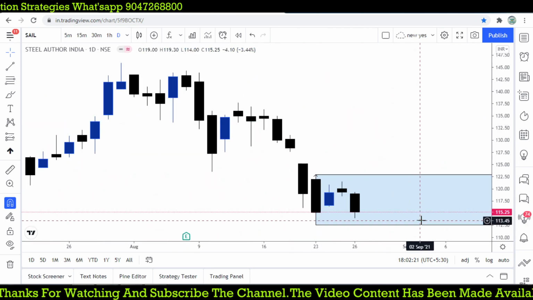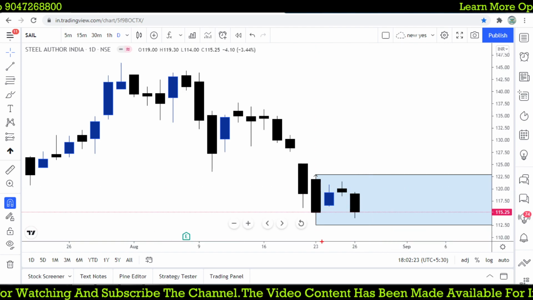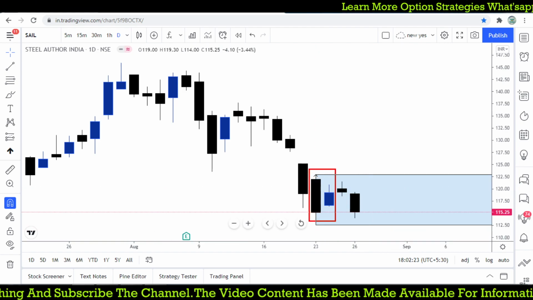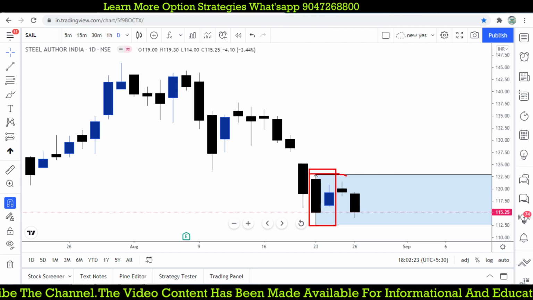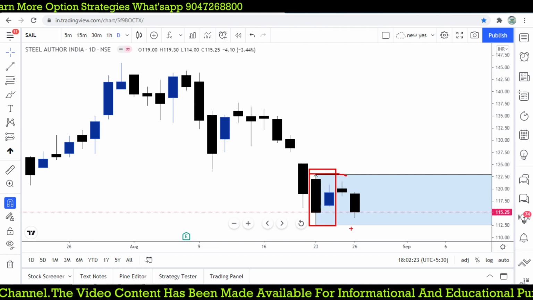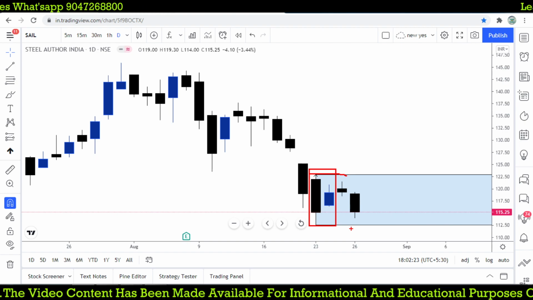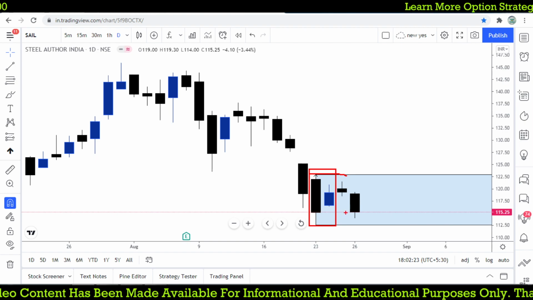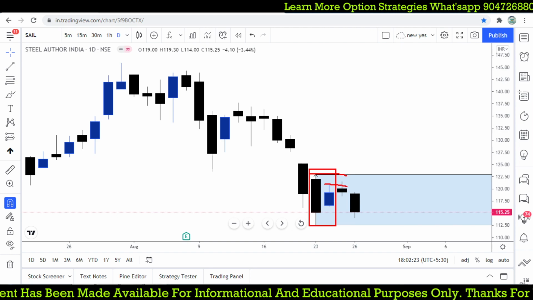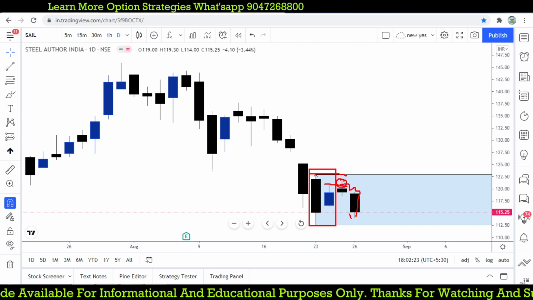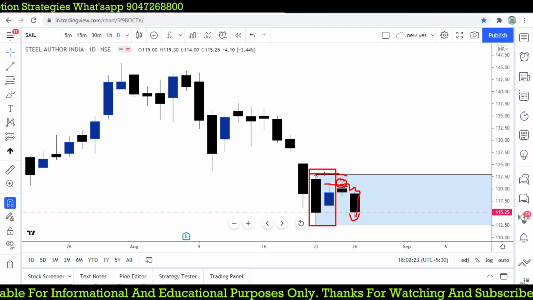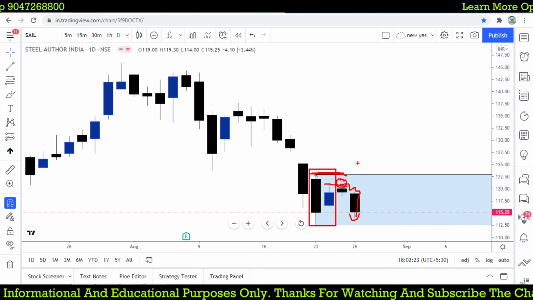Can you see that? This is the exact Harami candle which forms at the bottom. A reversal is possible whenever the market breaches this high. Aggressive traders who took entry at this point got a false entry, and now the market is moving down. So we are waiting for the entry over the setup high.